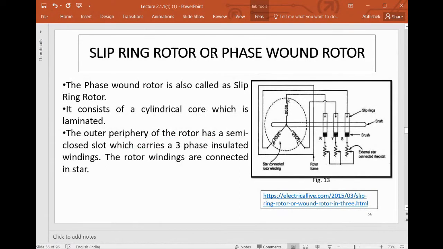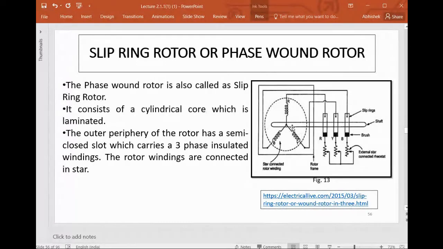Whereas in slip ring rotors or phase wound rotors, you can see the construction right here. I have told you that these rings are connected with resistances. So you can say this is a star connected rotor winding.